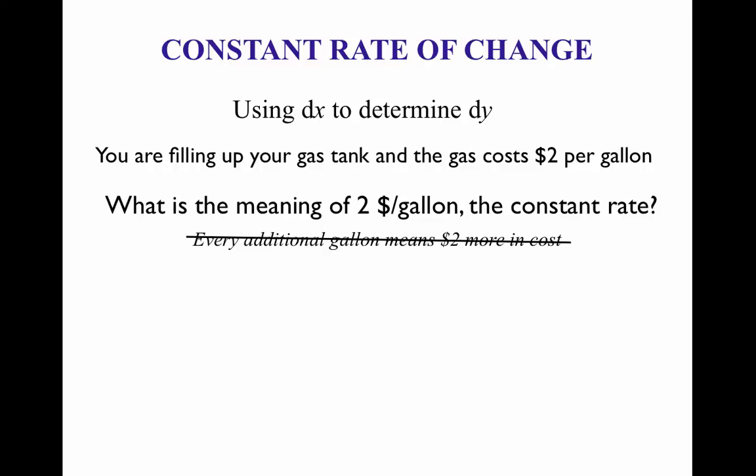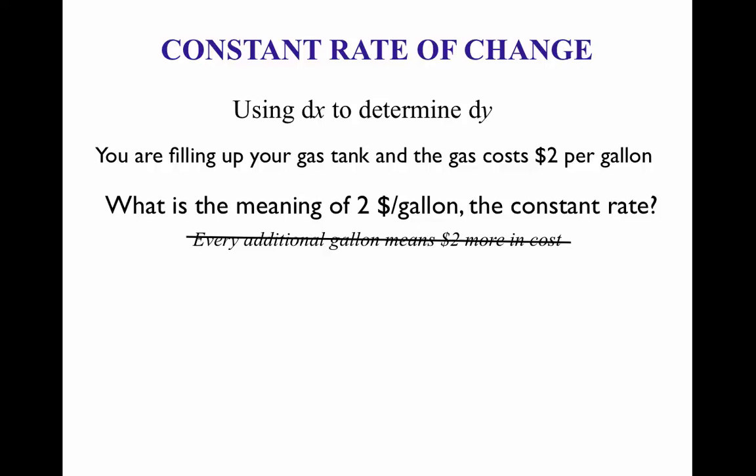Yes, ma'am. For any change in gallons, the change in cost is the rate times the number of gallons. Okay, for any change in gallons, your change in cost will be twice as much, 2 times your change in gallons. Okay? So what is dx and what is dy? So what is dx?